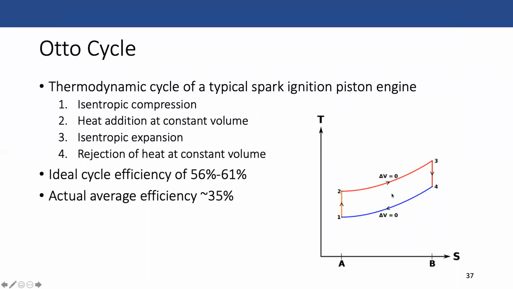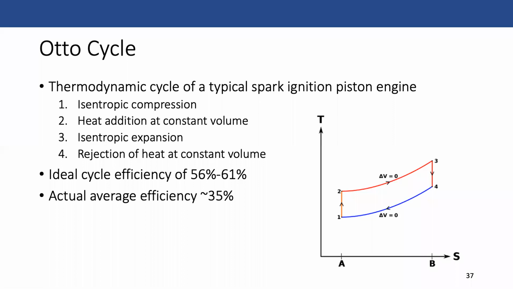So you've got 4 strokes corresponding to different portions of the cycle. In theory, we can work through the math, look at how to move through this diagram, and think about the maximum or ideal cycle efficiency.